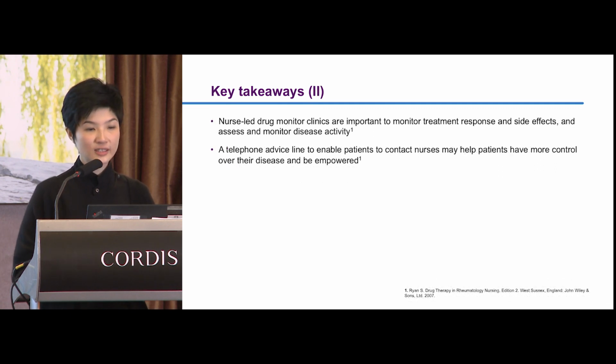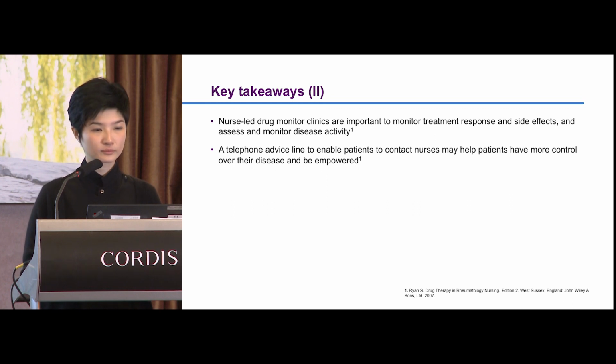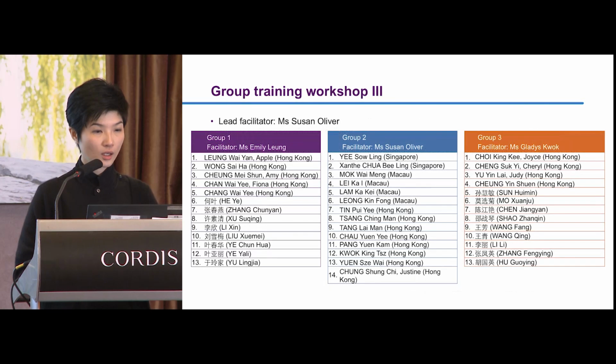Nurse clinic is very common for disease monitoring, drug monitoring, and continued management of patients with rheumatoid arthritis. And telephone advice and other continued support for our patients. We can enable patients to contact us and may help the patient have more control, and we can empower the patient more during the patient journey. So a personalized structured follow-up care includes patient education.